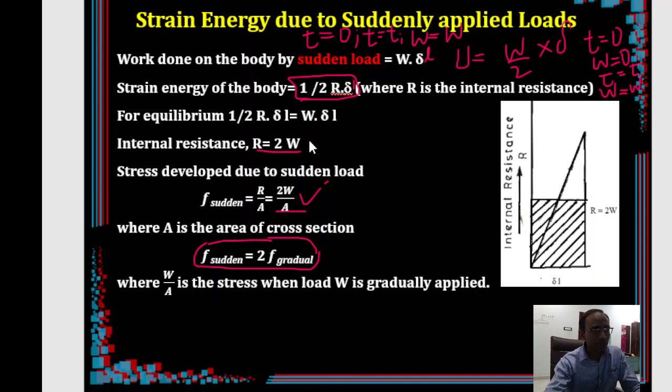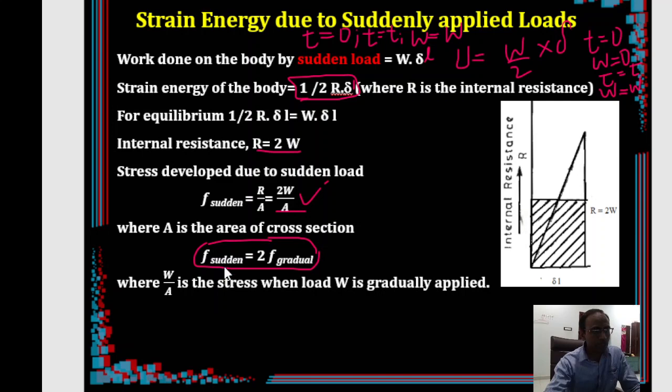So based on that, when you calculate the strain energy development due to the suddenly applied load, you got the internal resistance twice that of the load applied, and therefore the stress development due to the suddenly applied load is 2W by A, right?